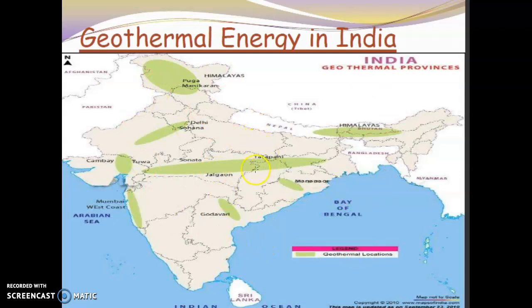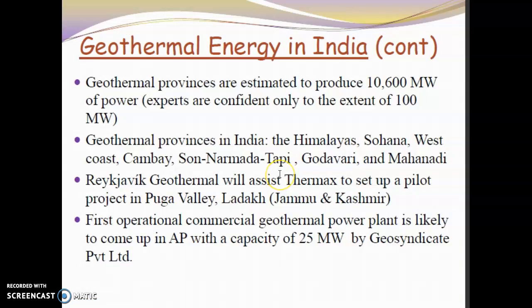Geothermal energy in India. The green color indicates geothermal energy in India. Geothermal provinces are estimated to produce 10,600 megawatt of power. The geothermal provinces in India are the Himalayas, Sohana, West Coast, Cambay, Son, Narmada, Tapi, Godavari and Mahanadi.